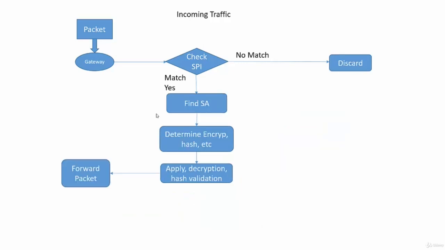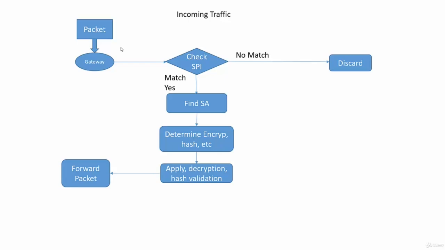When a packet comes in, this packet is going to have the Security Parameter Index attached to it. That Security Parameter Index will determine what encryption and hashing to use to process the packet. And based on this information, the IKE gateway is going to apply decryption and validate the hash.